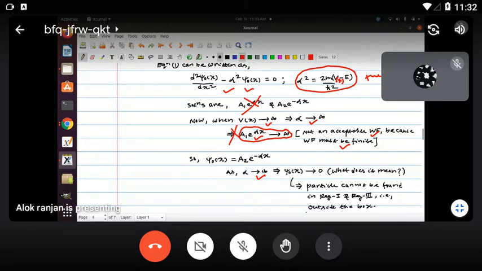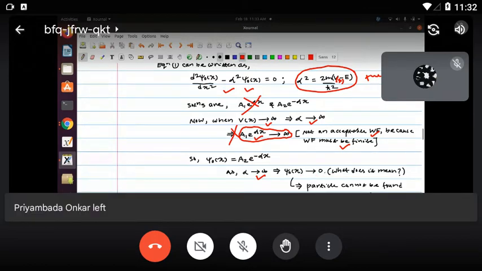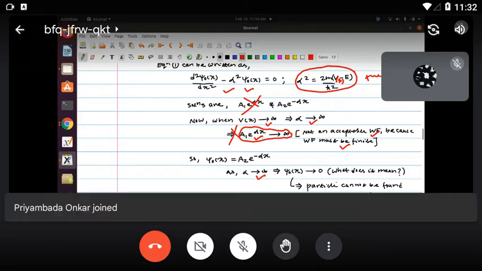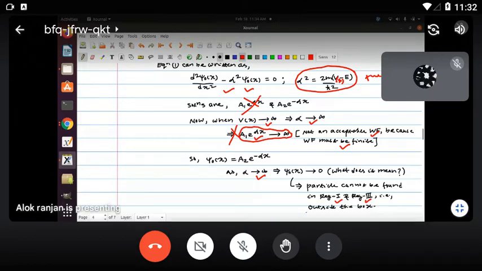What does it mean? It means that the particle cannot be found outside the box. That means the particle cannot be found in region 1 and region 3. So the particle should be forever inside the box, or inside the potential well.